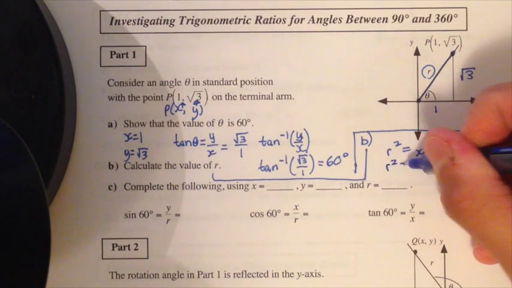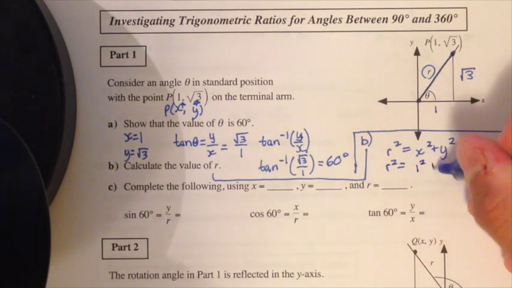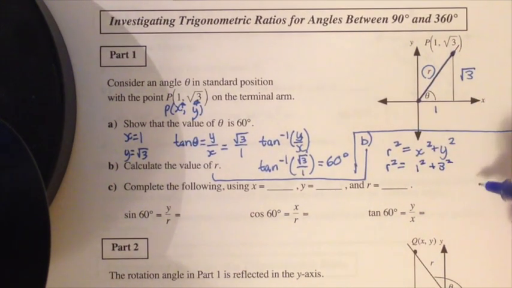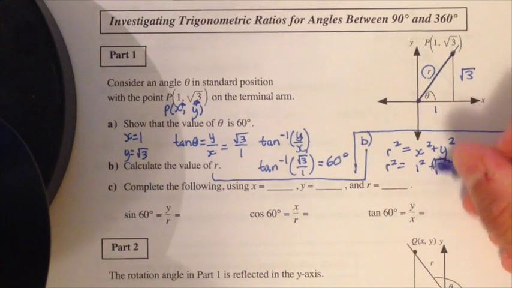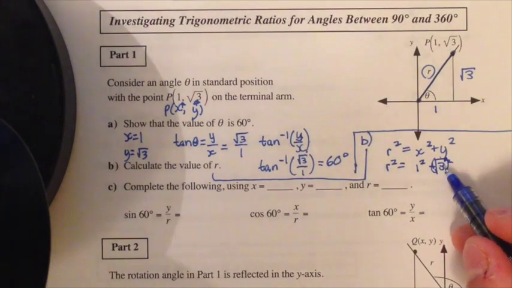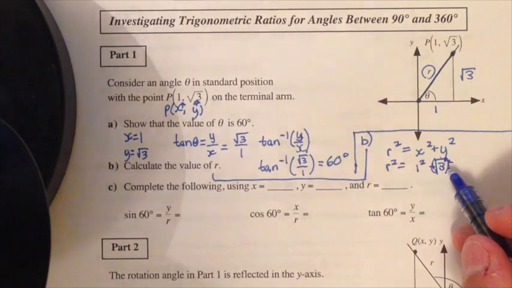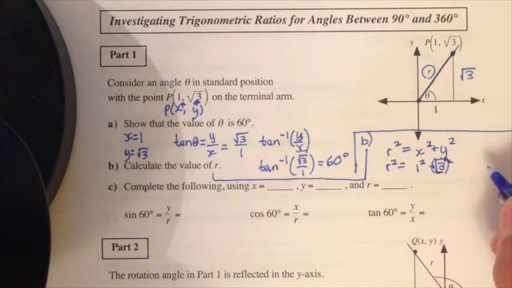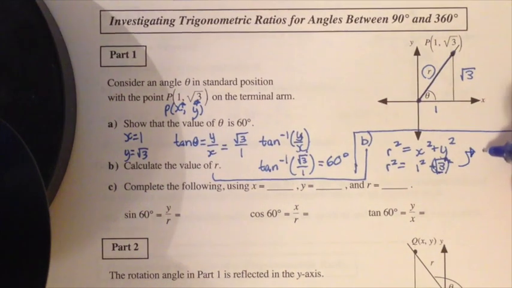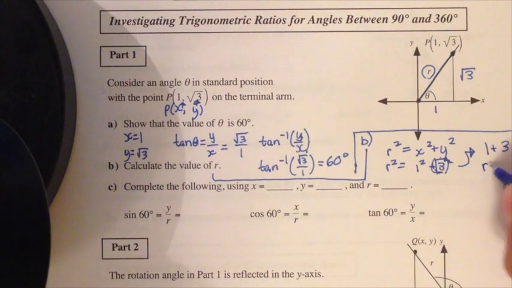I know that my x value is equal to 1, and my y value is equal to rad 3. And so r squared is going to be equal to 1 squared plus rad 3 squared. Remember, if we have a radical times a radical and we have the exact same radicand on the inside, that is just going to be equal to 1 plus 3.